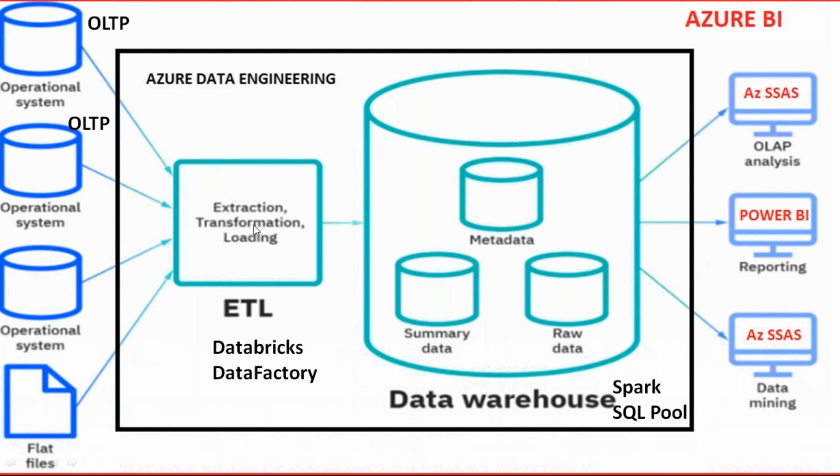Number two, ETL and data warehouse, collectively called data engineering. There is a separate certification for it, DP203. Power BI has a separate certification, PL300. Complete stack, cloud and non-cloud, Azure BI, or simply say BI developer.